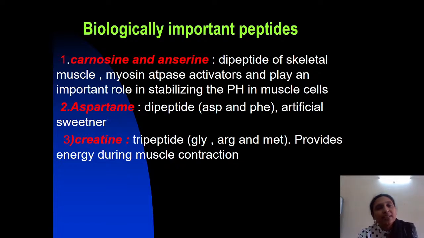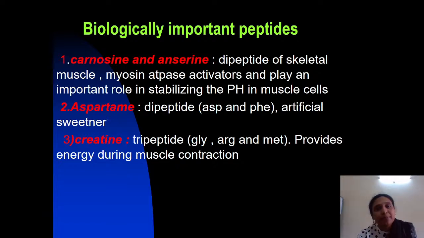If two amino acids are joined, that results in the formation of a dipeptide. So a dipeptide is composed of how many amino acids? Two amino acids with one peptide bond. Like that, if three amino acids are joined, that results in the formation of a tripeptide.